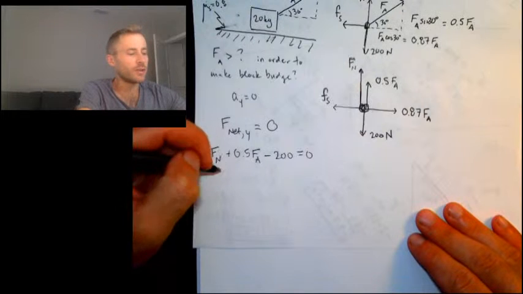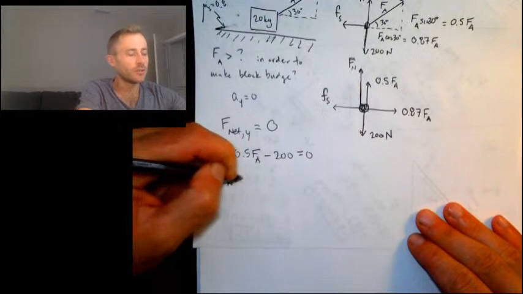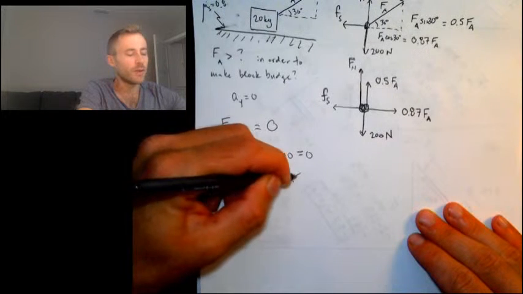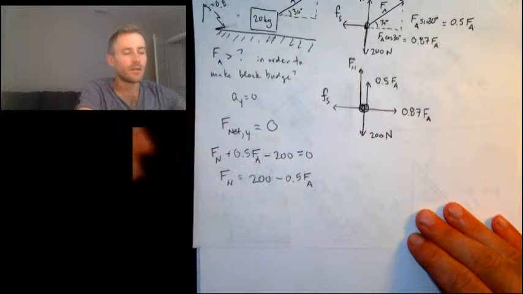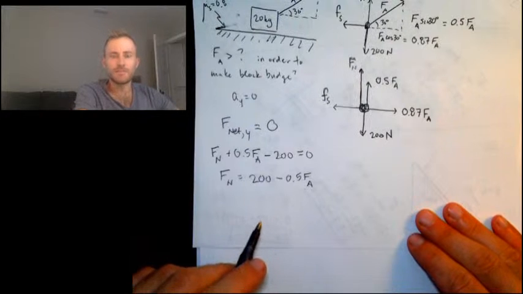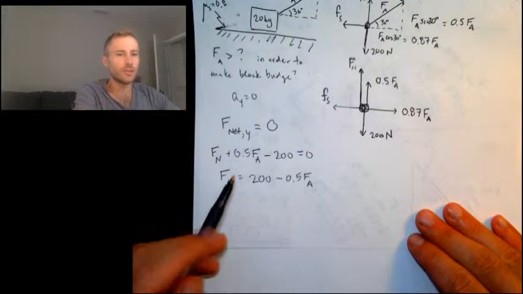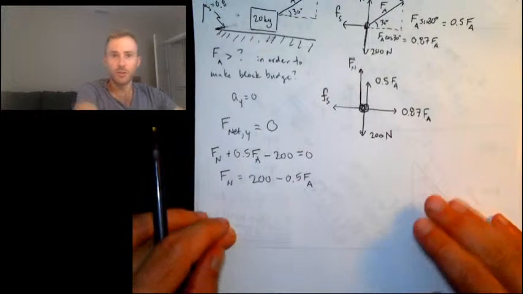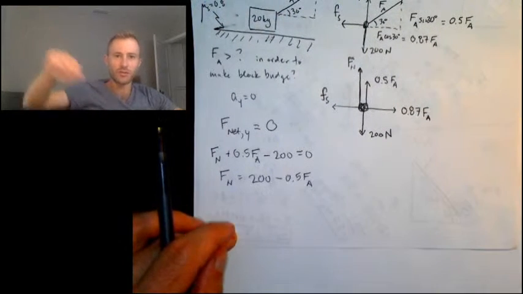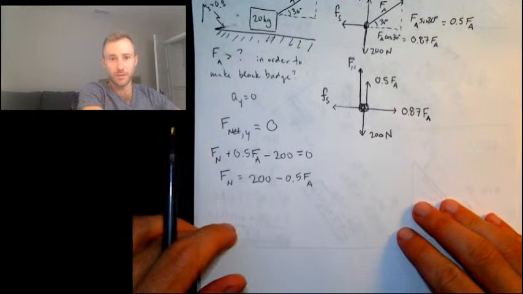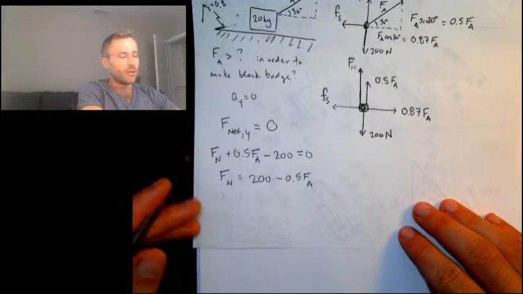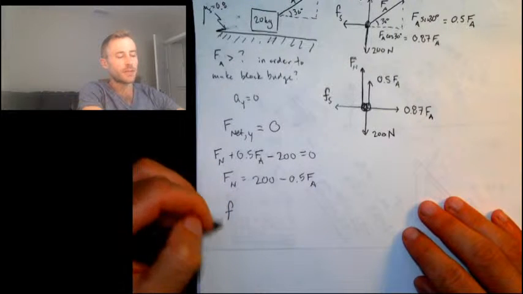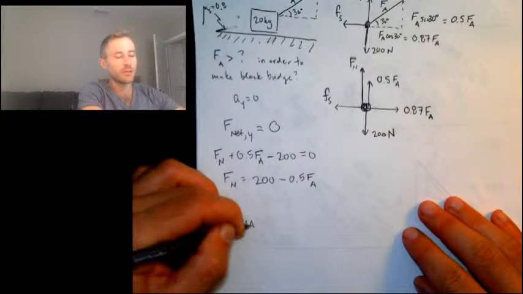So now we have that the normal force is equal to 200 minus 0.5 F sub A. Now this is kind of interesting because you can see that the bigger the applied force is, the smaller the normal force is. So by pulling up, you actually reduce the normal force. Now that in turn is going to allow us to calculate the maximum static friction.